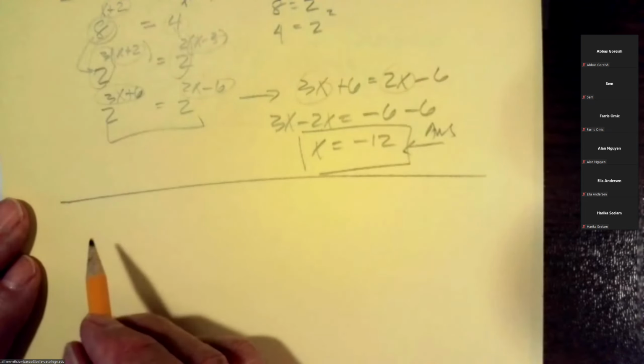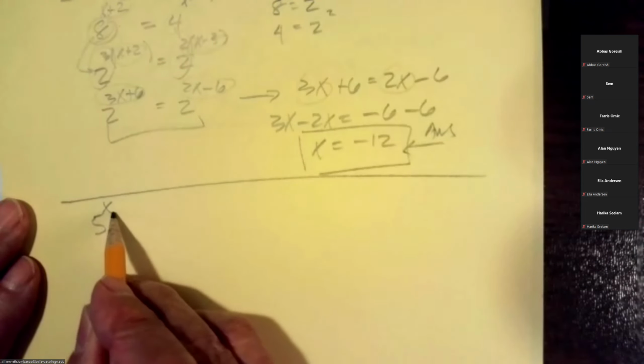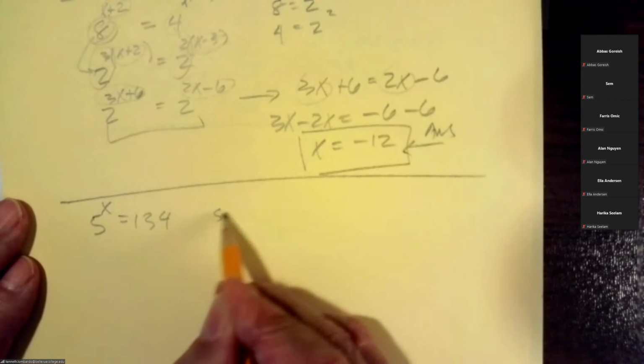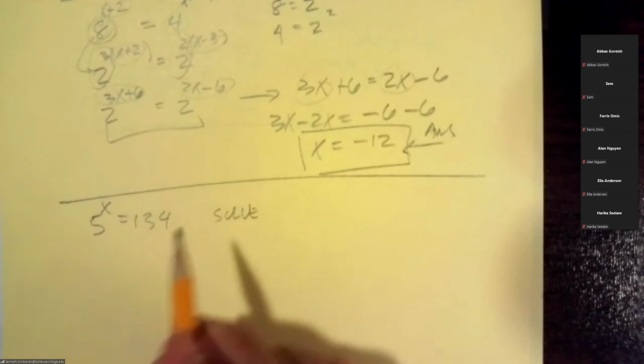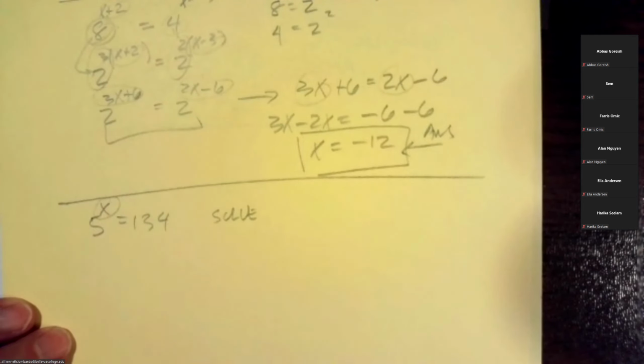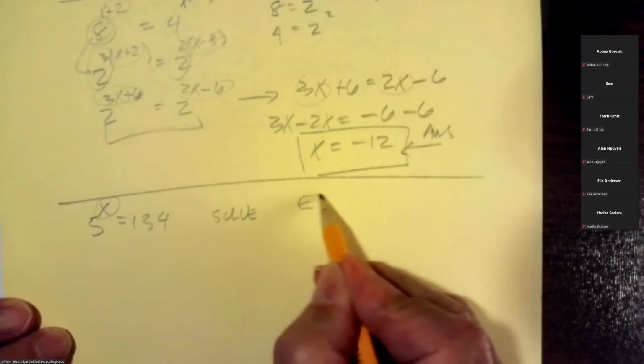Say I give you 5 to the x equals 134 and I ask you to solve. And you'd say, well, I have an exponent here. Now this is then an exponential equation, isn't it?